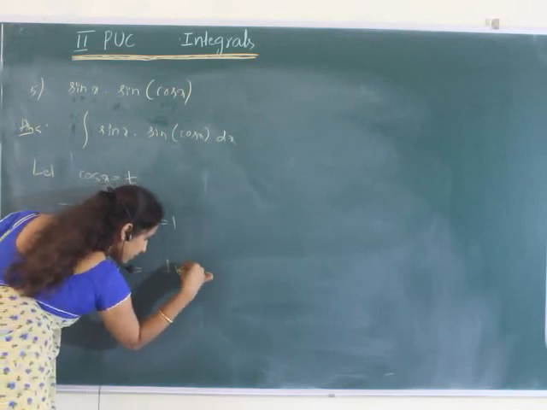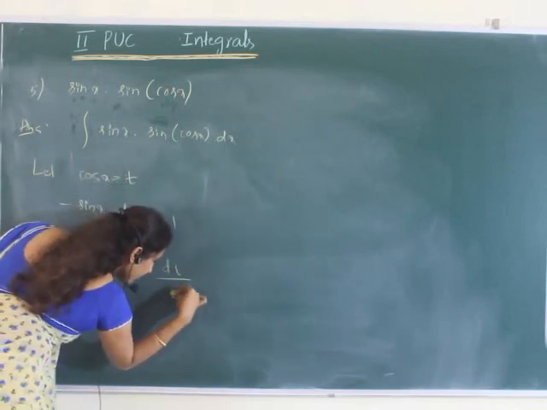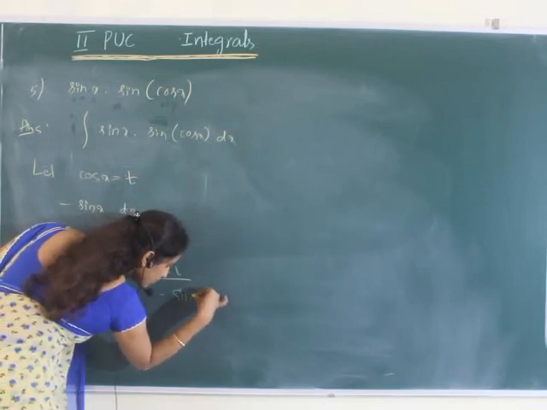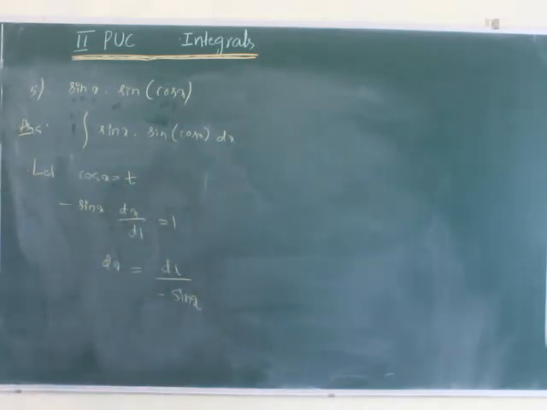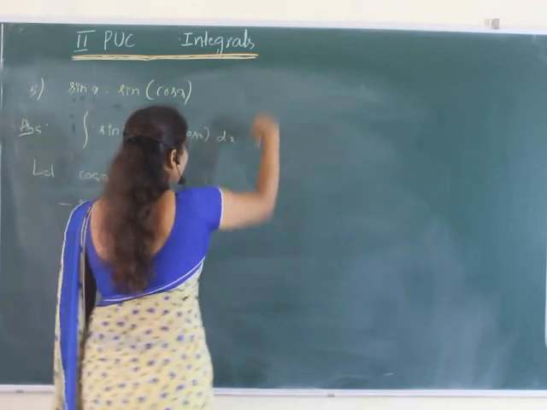So dx is equal to dt divided by minus sin x. I'll make the substitution in the given integral.